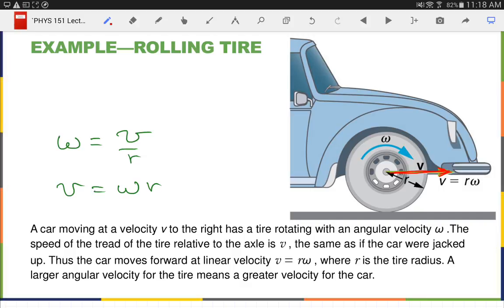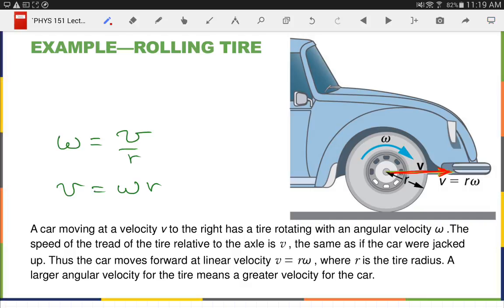So your car has a speedometer. How does the speedometer measure your speed? Yeah, it's actually measuring omega. And then it's calculating the speed with that equation. So what happens if you have a flat tire? What's the speed going to be?